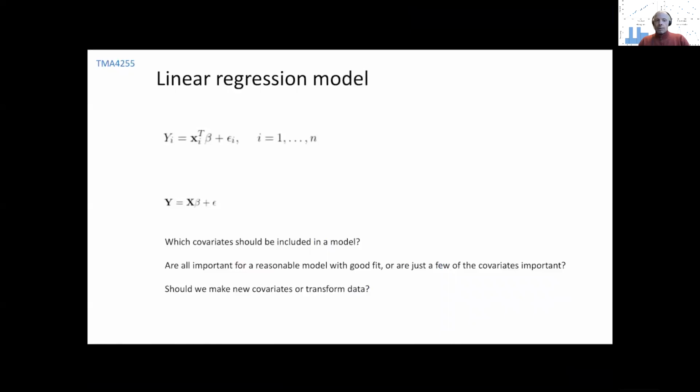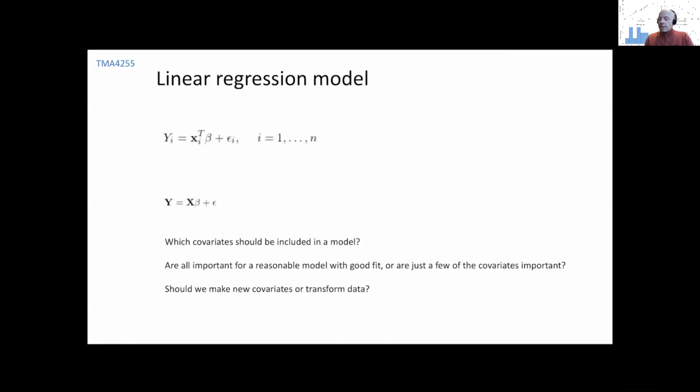Right, let's go on to say something about regression parameters, because now we talked about these slopes. Are they significant or not? Should we maybe transform some of these covariates, because we see from residual plots that they might be better off if we change them?